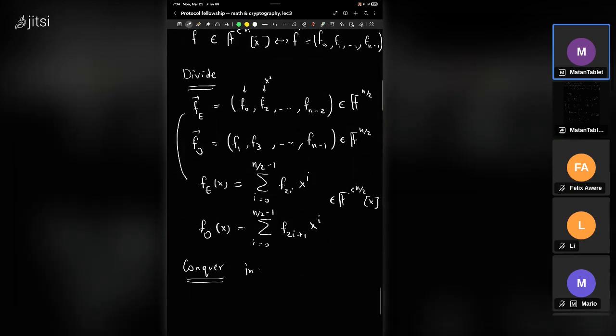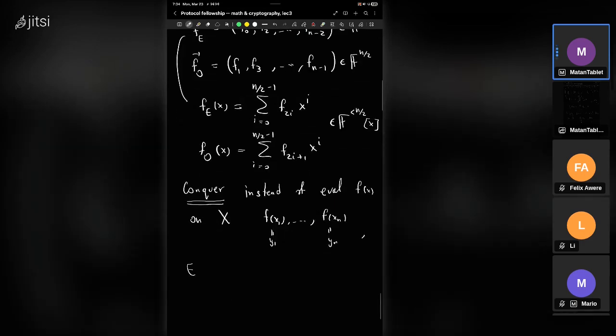So instead of evaluating f on the set x, namely to get f(x1) up to f(xn), these are the y1 up to yn, I will evaluate Fe and Fo on x squared.